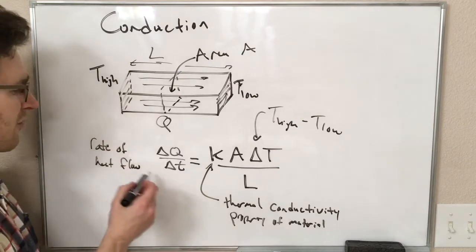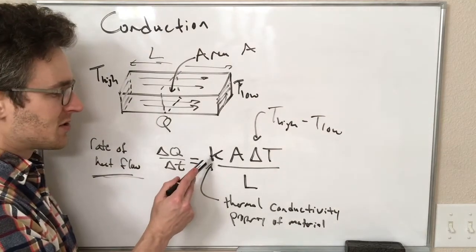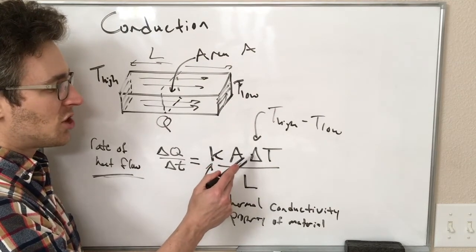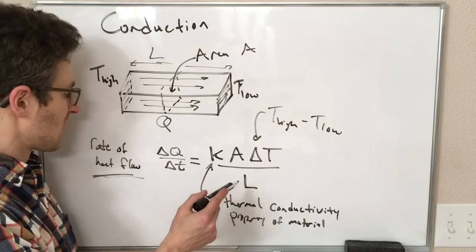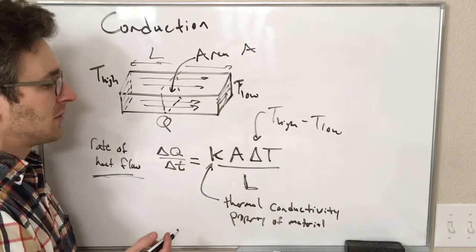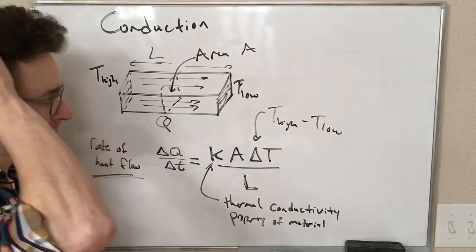Okay, so we have larger heat flows with high thermal conductivities, big areas, and big changes in temperature. A big length, a big size of our object, is going to give us a smaller heat flow because this is in the denominator.